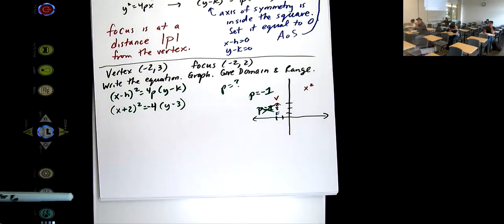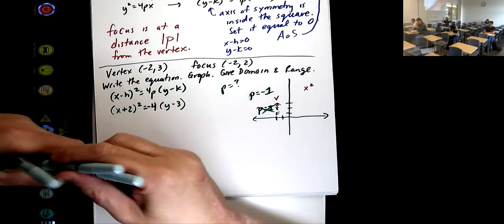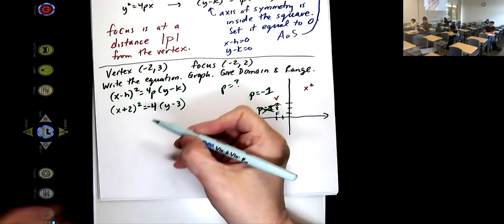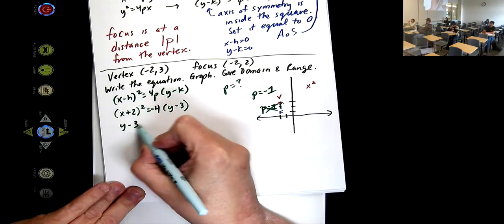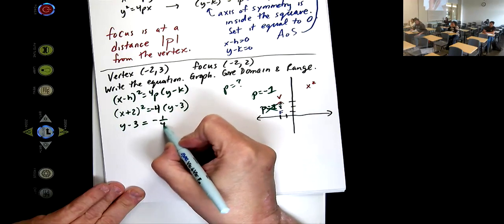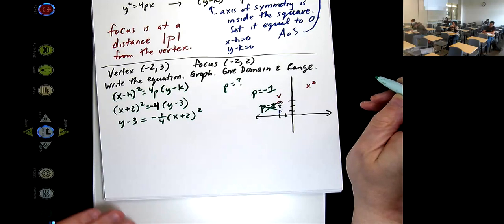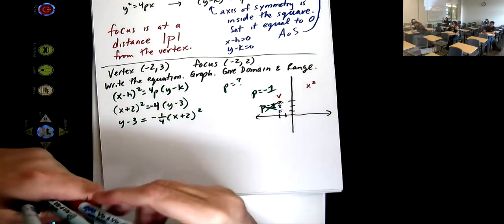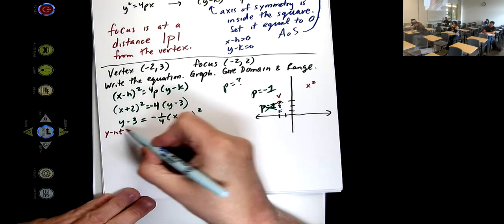Okay, so now that we have that, let's multiply it out somehow. This is y minus 3 equals -1/4 times (x plus 2) squared. If I want to find intercepts to graph this, the y-intercept is when x equals 0.